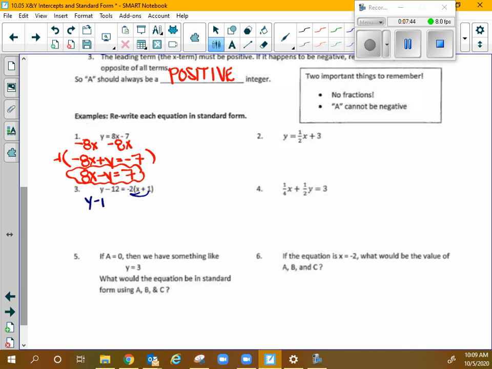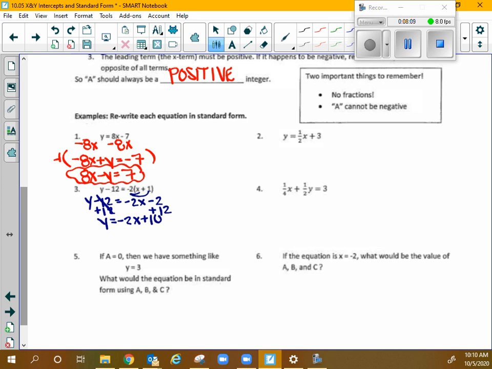Y minus 12 equals what? Minus 2. Okay, now what? Plus 12. Y equals -2x plus 10.